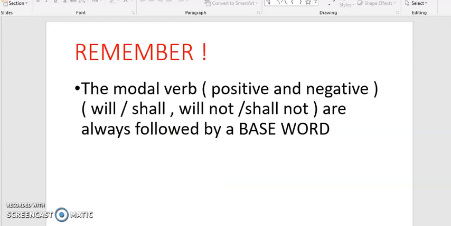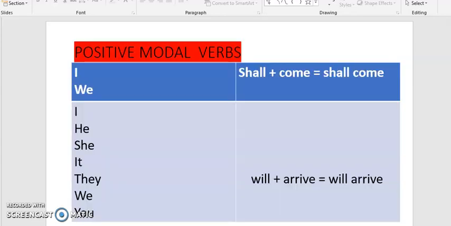Okay, but there is something that you have to remember. The modal verbs, either positive or negative, are always followed by a base word. I give you examples for positive modal verbs.